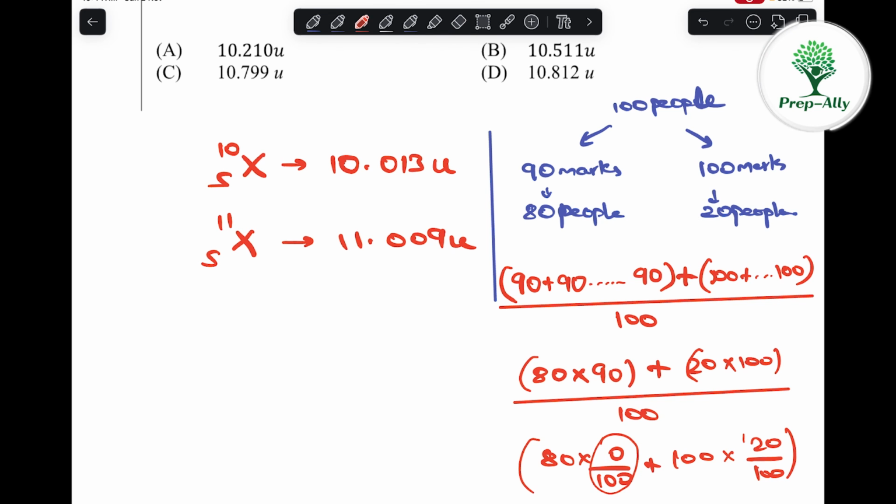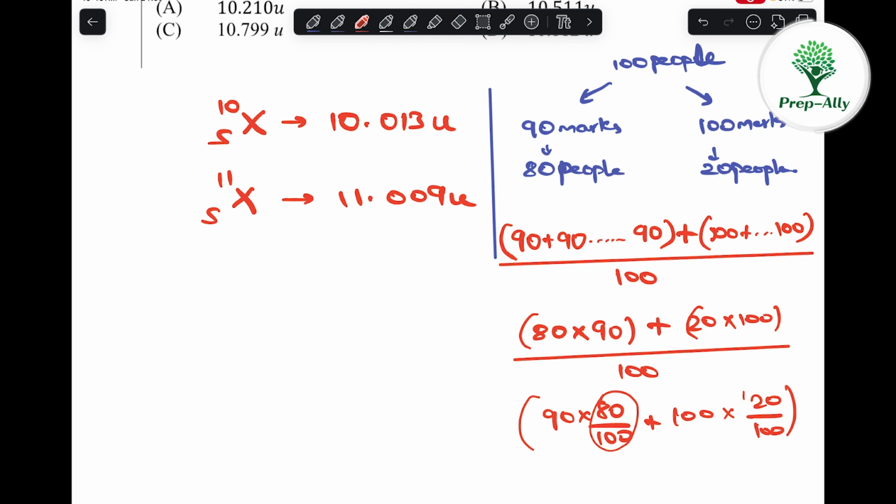Now you see, these two are the percentages: 80 people, or I can say 0.8 fraction, and this is 0.2 fraction of the whole people who got those marks.